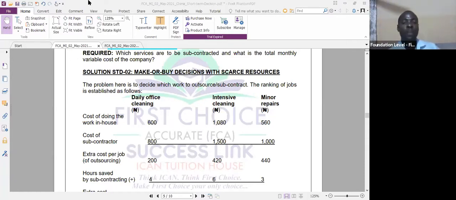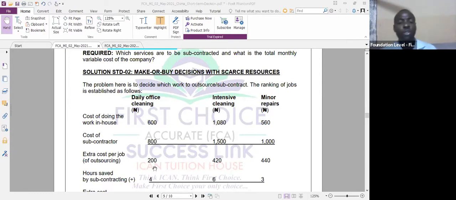But if you do it in-house, you will run out of available hours. So you look at it now: the cost of doing it in-house is 600, the cost of doing it by a contractor is 200 more. What is the extra cost that you are prepared to pay? If you're doing it by a contractor, you're going to spend an extra 200 naira to do the job.